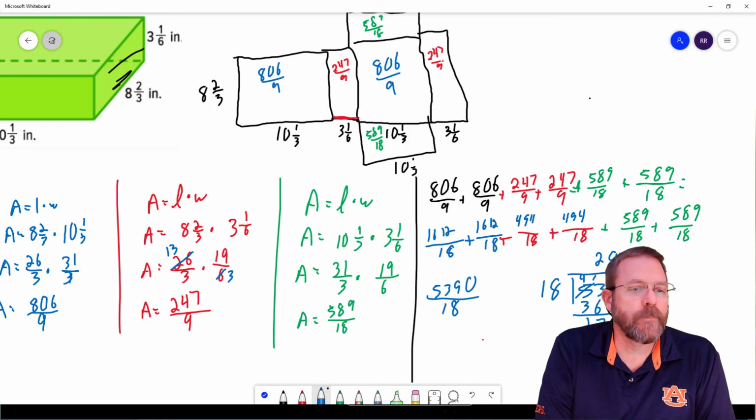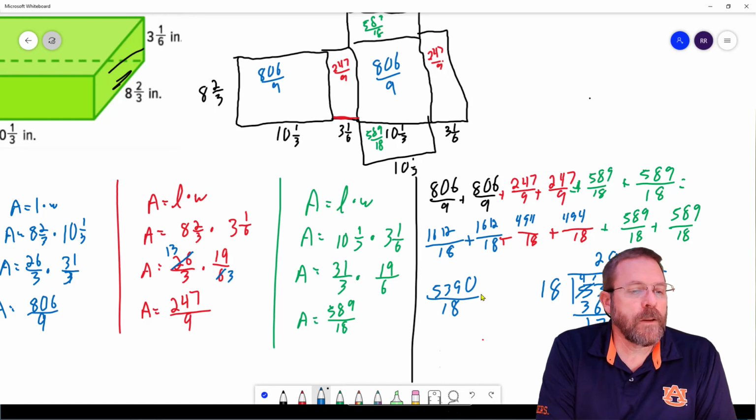Bring down the 9. And then 9 times 18, that's going to become 90 plus 72 is going to be 162. If I did that right in my head, subtract that out, you get 17 left over. Bring down a 0, and then you're going to do that same thing again, 162, and then from there you're going to end up getting an 8 left over.